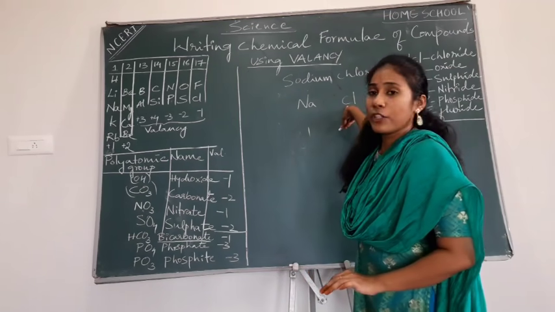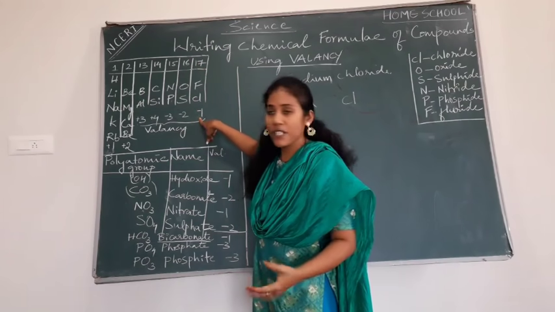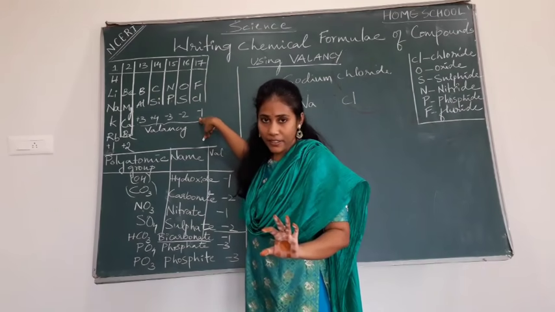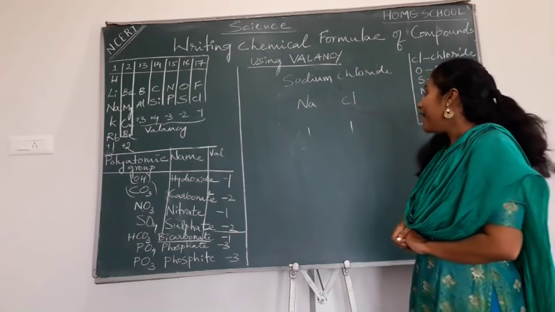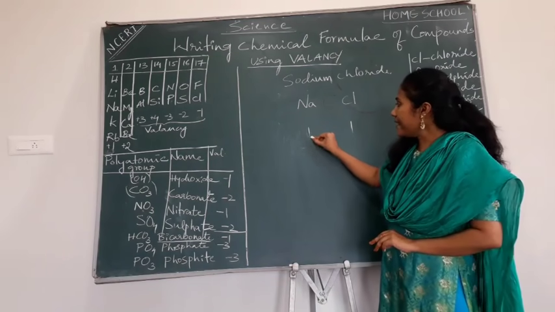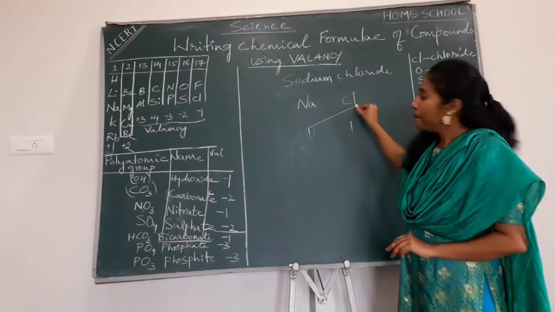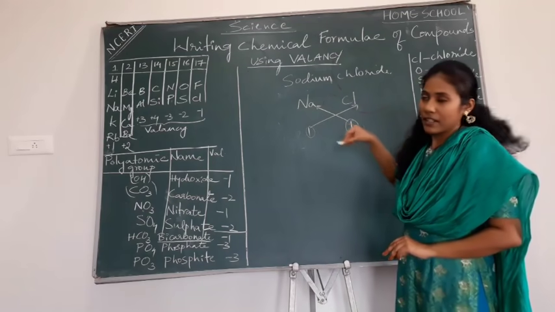Similarly, what is chlorine's valency? Chlorine is in group 17 and its valency is -1. Anyway, no need of any sign, just consider the digit, it is 1. Now what you have to write is, this number should be written as a subscript for Cl and this number should be written as a subscript for sodium.